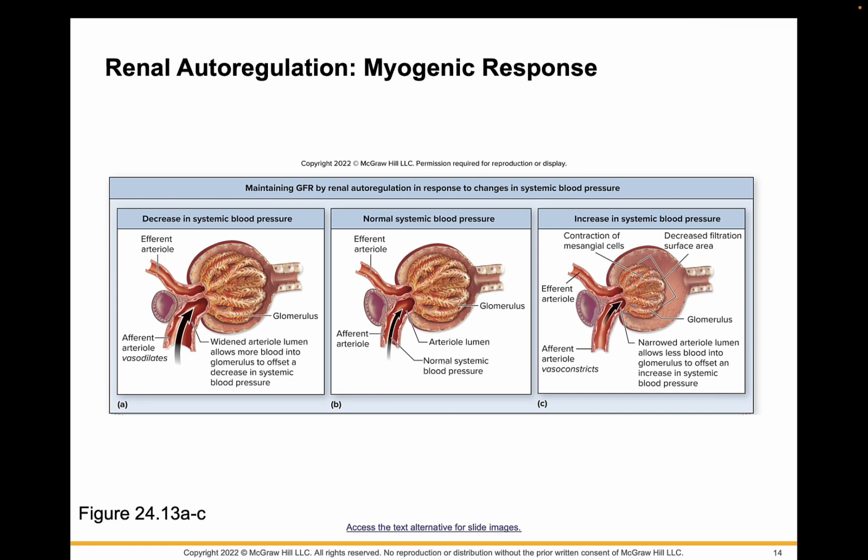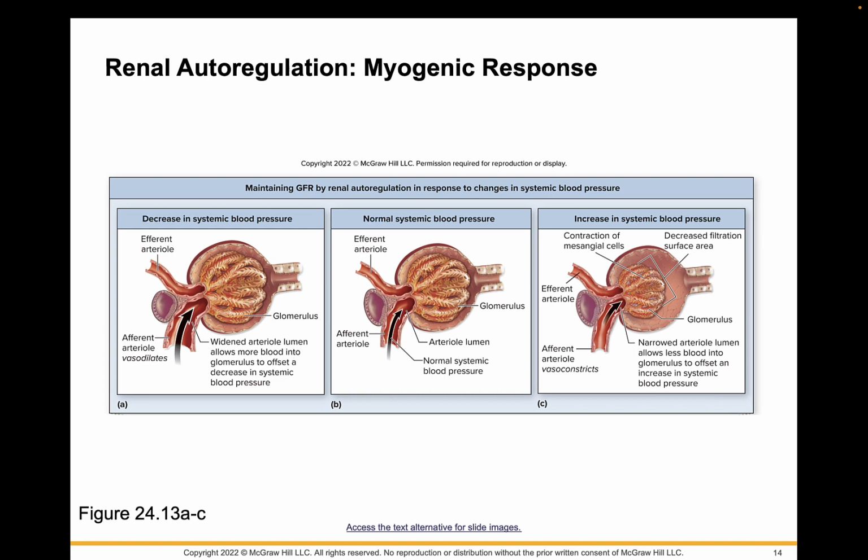So look what happens. We have a significant amount of relaxation, so vasodilation of the afferent arteriole. This greatly widens the lumen of the arteriole, allowing more blood into the glomerulus to offset the decrease in systemic blood pressure. Keep in mind, this is autoregulation due to the myogenic response when blood pressure drops.